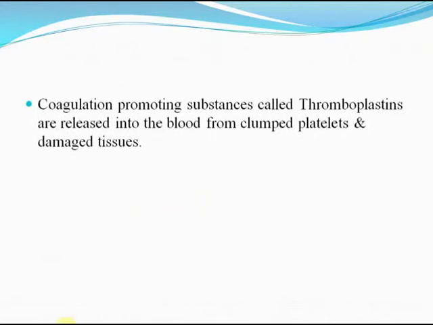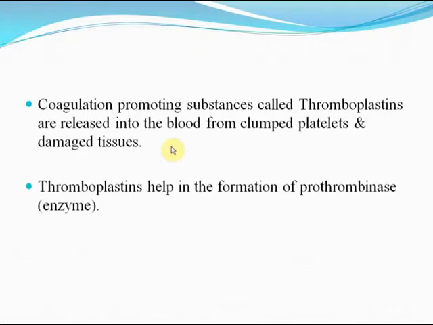The third step is that coagulation promoting substances called thromboplastins are released into the blood from clumped platelets and damaged tissues. Thromboplastin helps in the formation of prothrombinase. And what is prothrombinase?